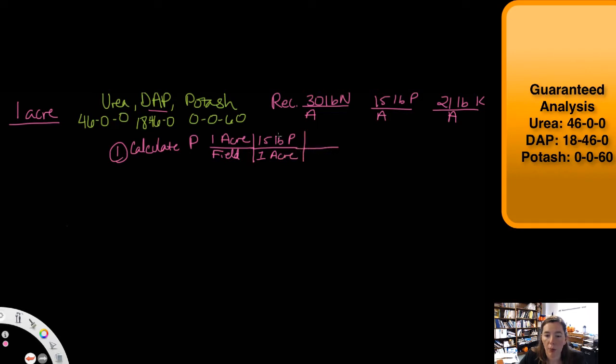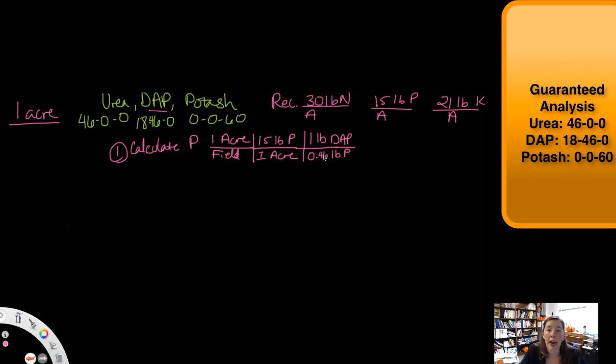Now we've got pounds of P, but we need to know how much DAP we've got to buy. So because there's 46% phosphorus in our DAP, out of 1 pound of DAP, we get 0.46 pounds of phosphorus.